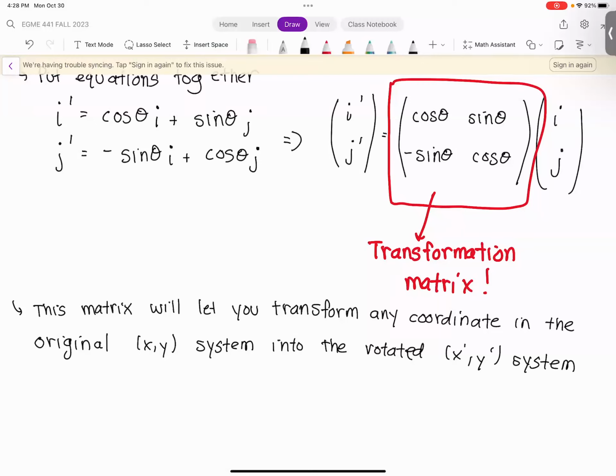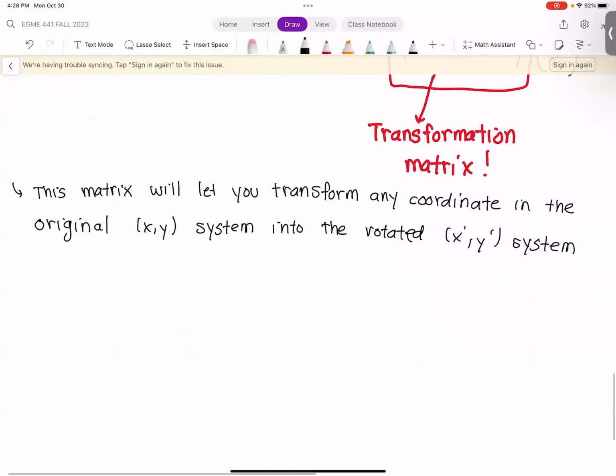Remember, when we're transforming, the point physically is staying in the same place. It's just that we're changing our description of how we describe its location. Okay, so let's do a very quick example to show how this works. Let's say that our point P has coordinates of 3, 2.